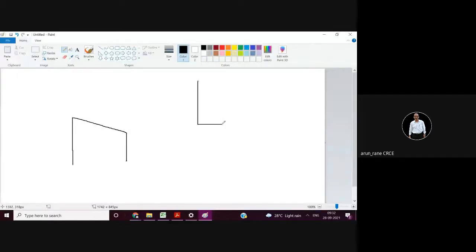It is 1 degree maximum, 1 degree or 2 degrees. This is the shear on the punch and this is the shear on the die. So the purpose of this is, if I make this like this, this is a die block, straight, and this is a punch.